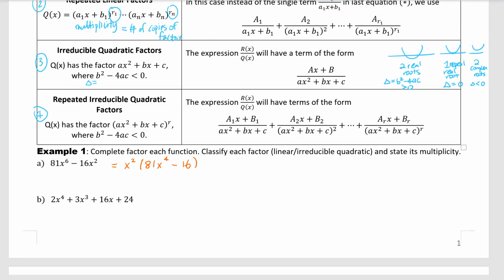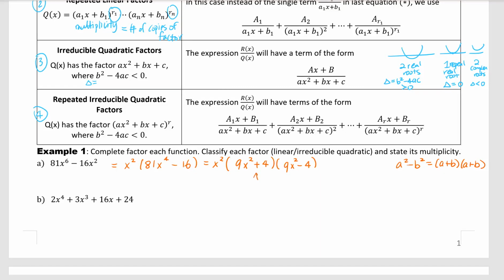Okay, do you realize 81 is like 9 squared, and x to the 4 is like x squared squared? So I realized this looks like a squared minus b squared. And how do you factor it? Well, that's a plus b times a minus b. So in this case, we have 9x squared plus 4 squared, which is 16, right? So a plus b and a minus b.